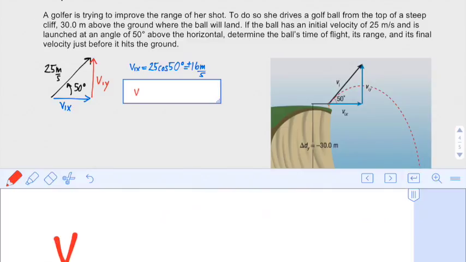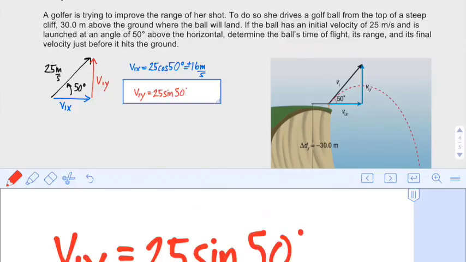The y component of the object's velocity is the opposite side of this triangle with respect to the angle 50 degrees and the hypotenuse 25. So we can calculate it by writing 25 sine 50 degrees.